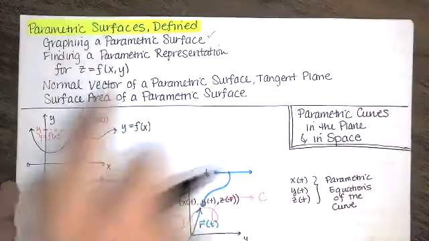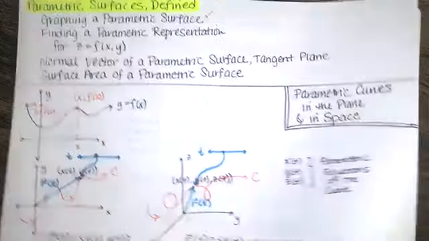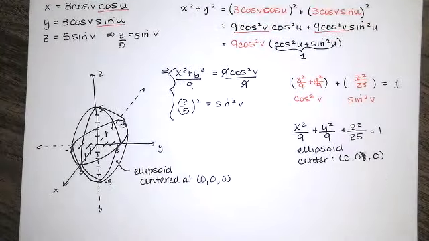Now, if I want to find a parametric representation of a surface given by z equals f of xy, it's actually pretty simple. Let's use the bottom of this sheet of paper here. It actually is simple to find a parametric representation of any surface given as a function of 2 variables.